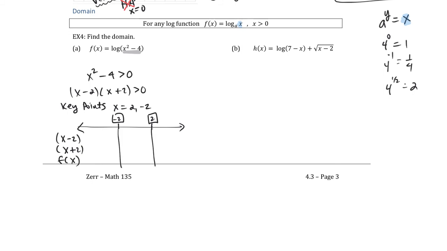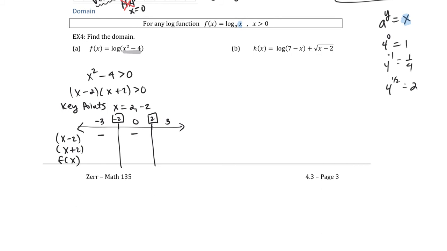All right, so let's do our test points. Let's say -3, how about 0, and maybe +3. -3 minus 2 is negative. 0 minus 2 is negative.